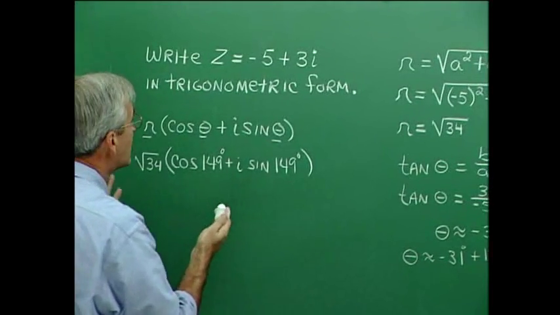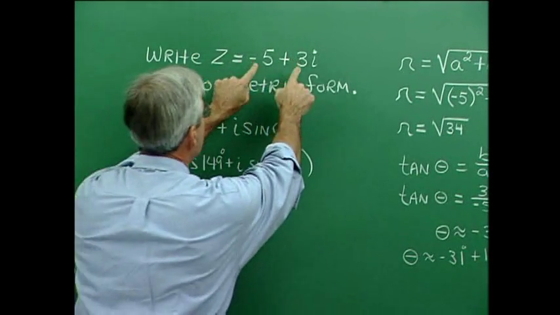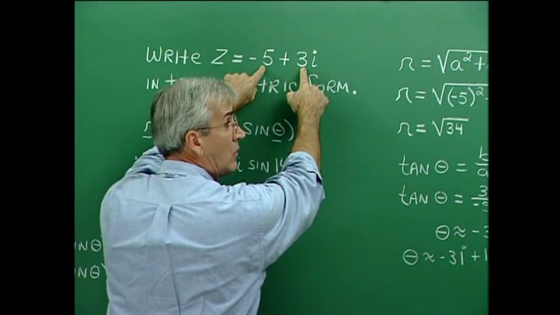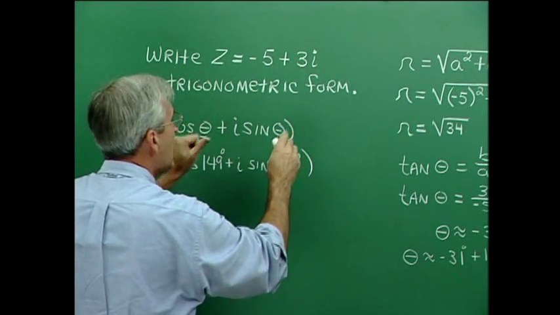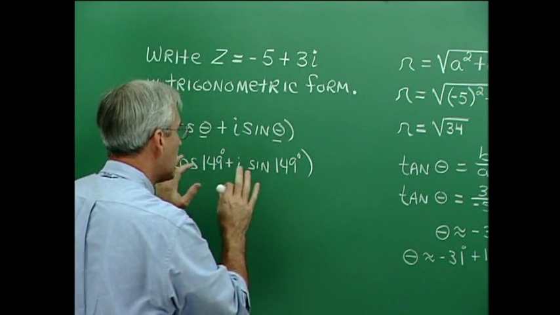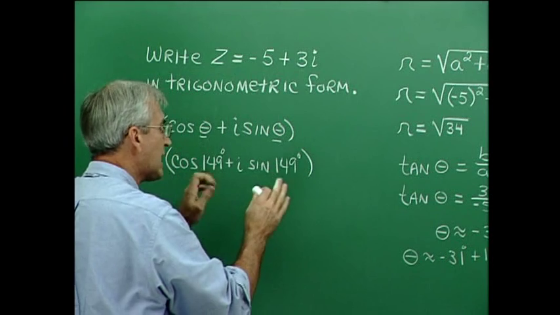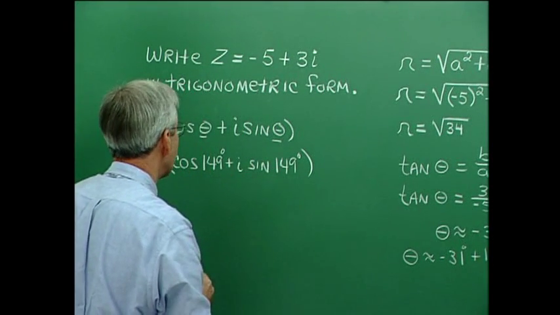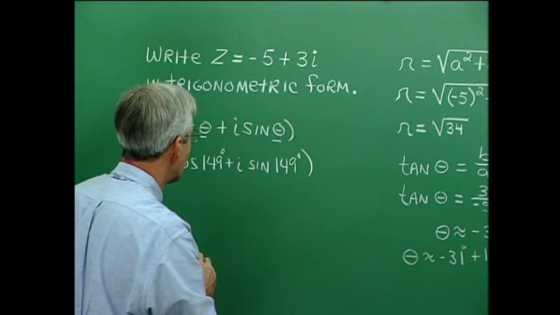And that really is all there is to it. You just pop this information about a and b into our relationships for the calculation of r and theta, and be sure to consider the position of our point in our coordinate plane, because when we take inverse tangent, sometimes we arrive in a quadrant that we're not interested in. So we just have to take that into consideration.